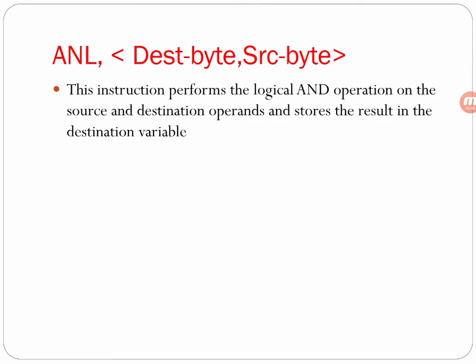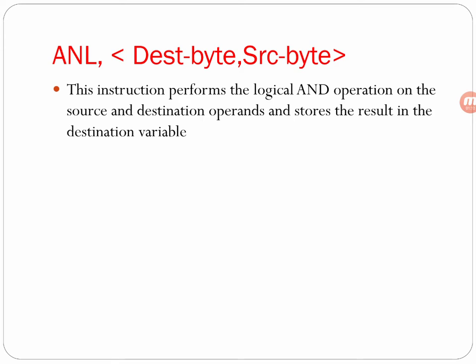First, let us discuss the ANL instruction in detail. ANL destination byte, source byte. This instruction performs the logical AND operation on the source and destination operands and stores the result in the destination variable.